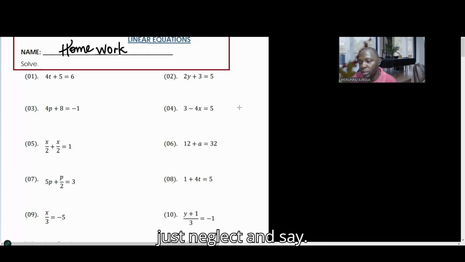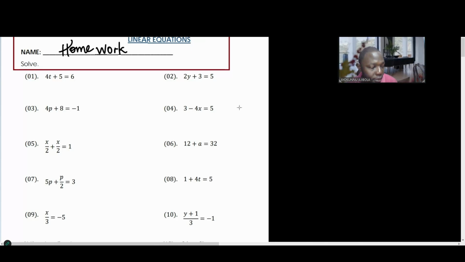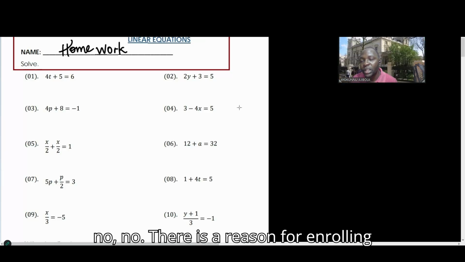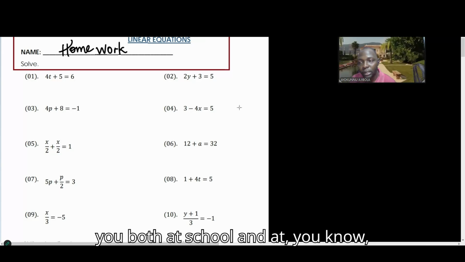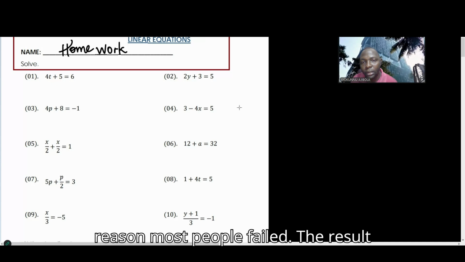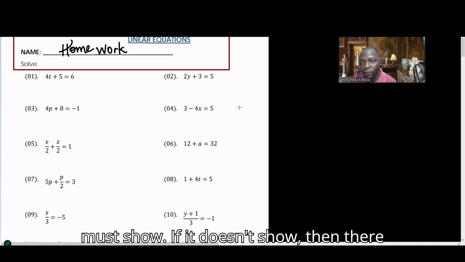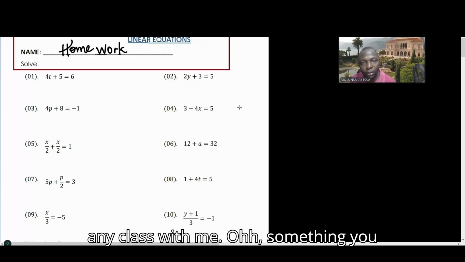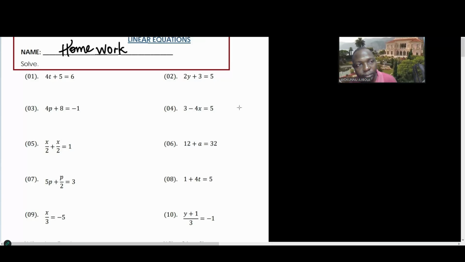If the parent just neglects and says, you are on your own, no, no. There is a reason for enrolling you both at school and at private sessions like this, and the reason must be fulfilled. The result must show. If it doesn't show, then there's no point in you attending any class with me. Do you understand me?